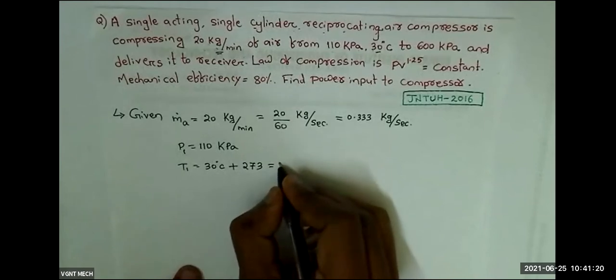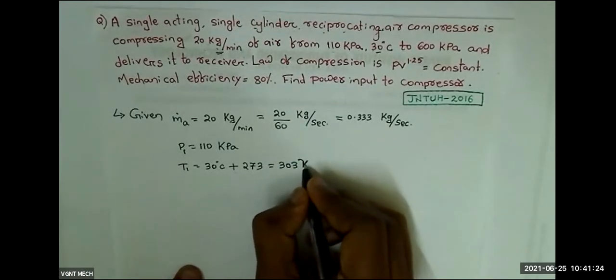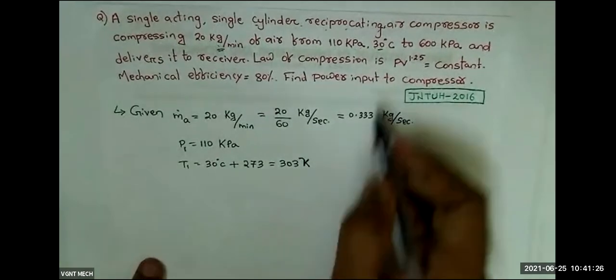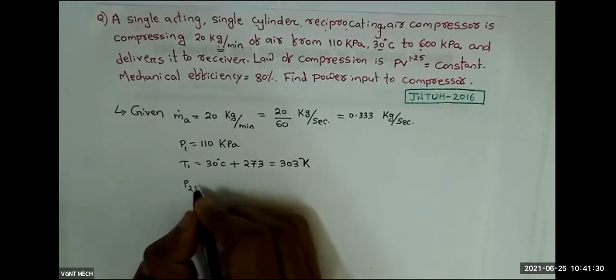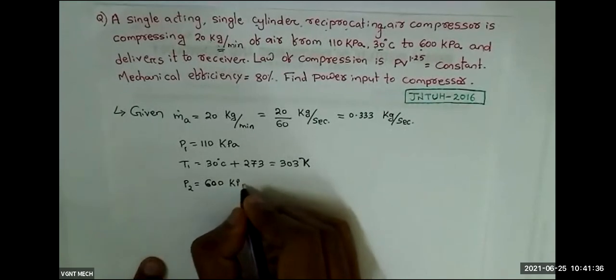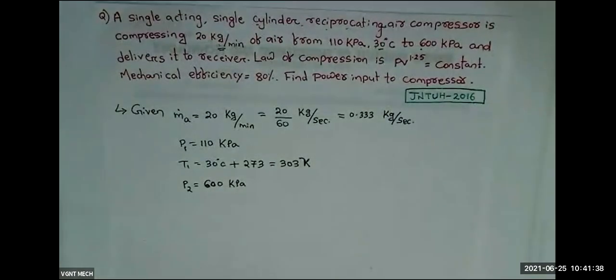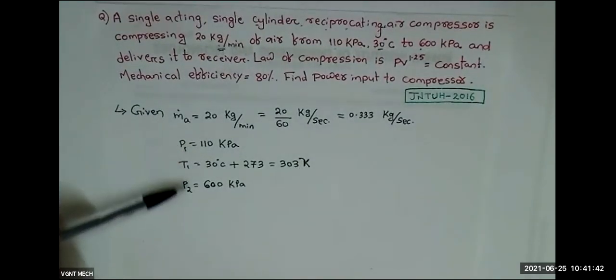So it becomes 303 Kelvin, and the final pressure of air is 600 kilopascal. So final pressure of the air is 600 kilopascal.